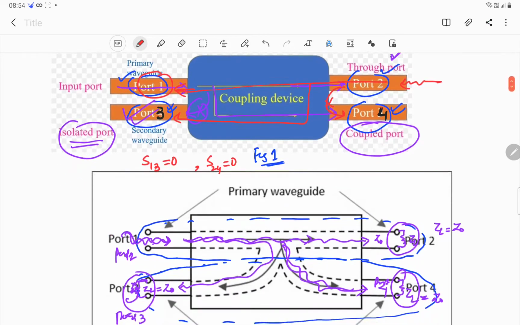Now say these ports, port 2, port 4, or for that matter port 3, are not terminated at their characteristic impedances when I feed a signal at port 1.